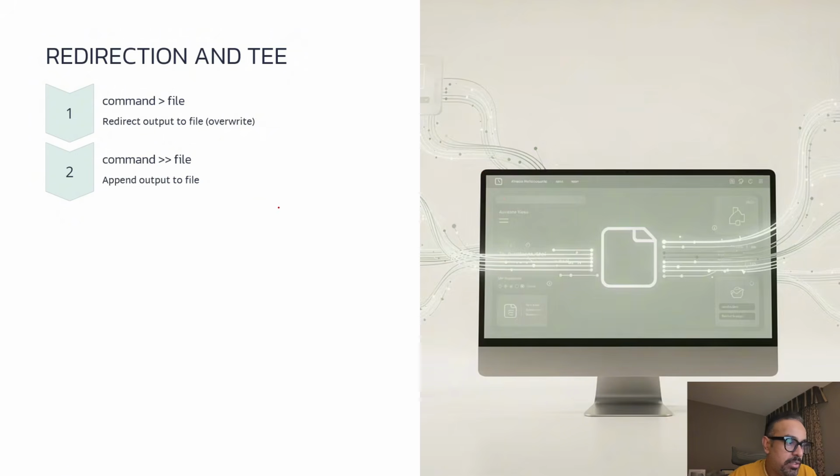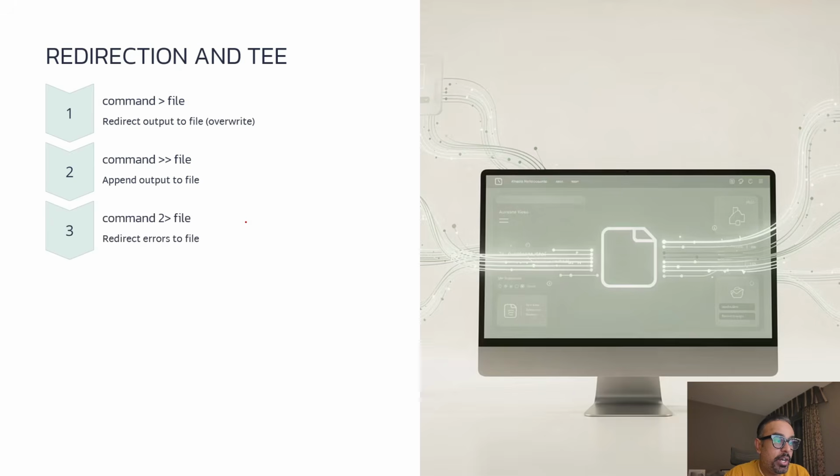There comes our next command. It is going to append the output to the file instead of overwriting it. So the double greater than symbol adds the new output to the end of the existing content, preserving the content which was already present in your file.